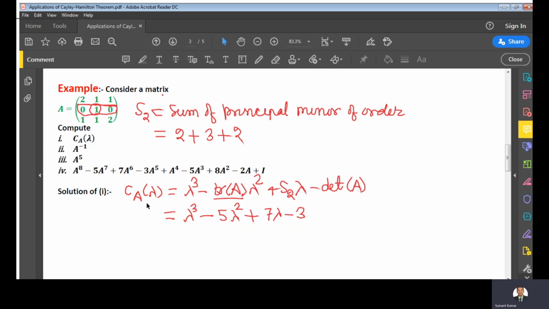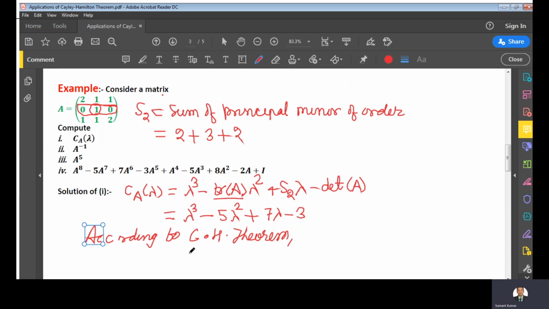Now the question is, when we say this matrix will satisfy its characteristic equation, that means according to the Cayley-Hamilton theorem, you may write that this square matrix A will satisfy this equation.